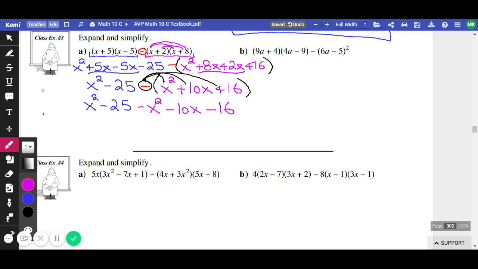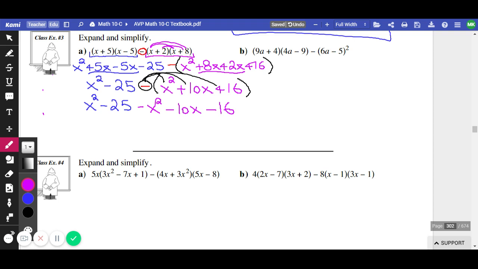So make sure that if you have a negative on the outside and you're subtracting away, that negative has to go to every single thing. If it was a plus, we don't have as much of a problem, because when you multiply a plus in, it stays the same. But the negatives cause you issues.